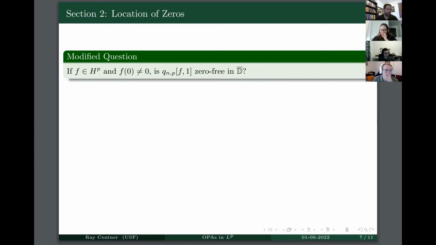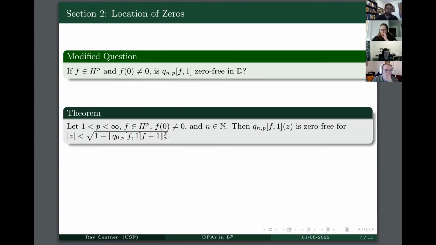And in fact, you can show that for any given function F, all of the OPAs, at the very least, lie outside of some disk. So the statement is for any P, for any F in HP that doesn't vanish at the origin, and any integer n, Q_n^P F1(z) is zero free in this particular disk.